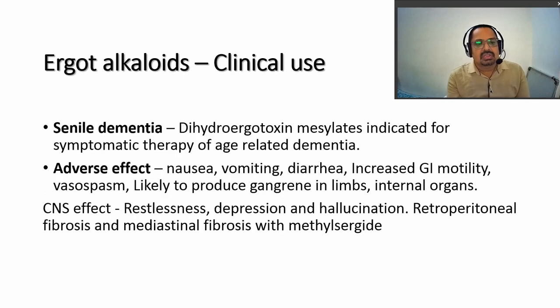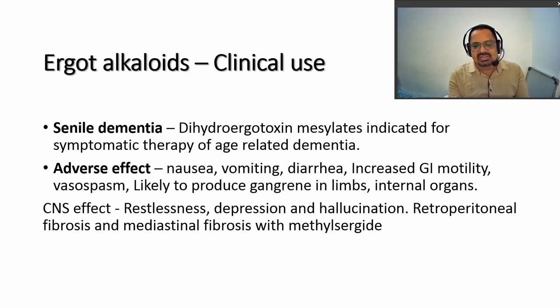Then the next clinical application of the ergot alkaloid is senile dementia. Dihydroergotoxine mesylate is indicated in the symptomatic treatment of age-related dementia. This is well managed. As far as the adverse effects of these ergot alkaloids are concerned, they produce nausea, vomiting, diarrhea.